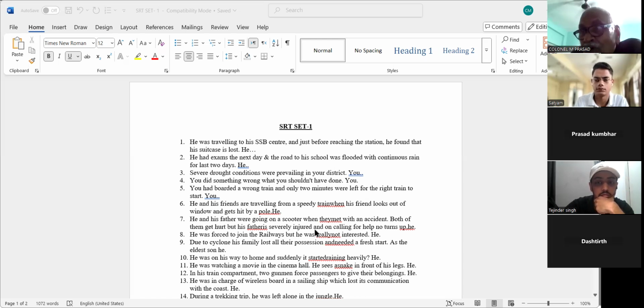Next interpretation, you're traveling by train and you are getting down. Yes or no? Is there anything specific saying you're traveling by cab and reaching the station? No, sir. So in that interpretation, you may think that you are going by cab or taxi. But if you are going in a cab, your suitcase cannot be displaced.